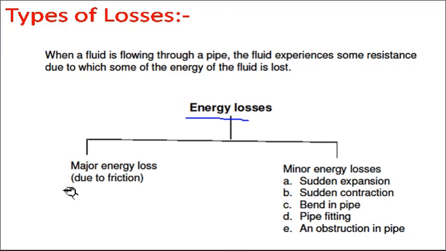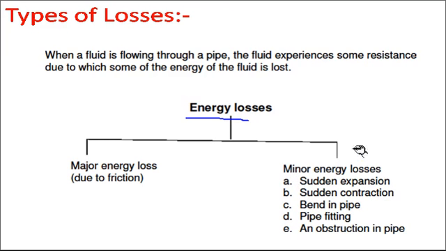Remember that major loss takes place due to friction only. When the fluid flows from one point to another point, then due to the friction between the molecules of the fluid themselves or due to the friction between the molecules of the fluid and the wall of the pipe, the frictional resistance takes place, and that loss is the major loss, and the second loss is the minor loss.